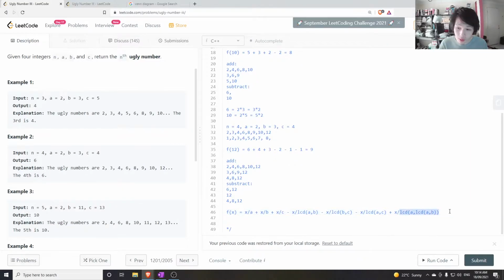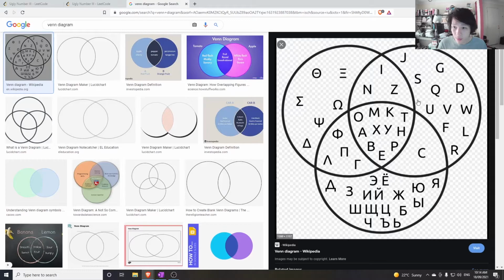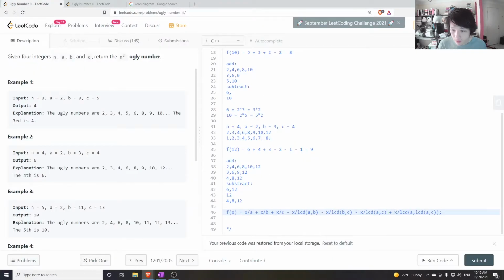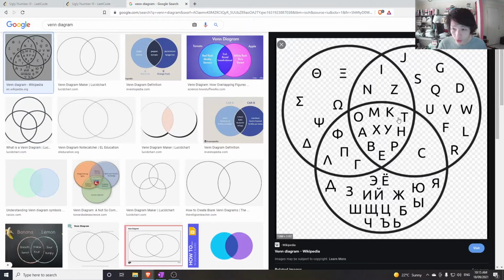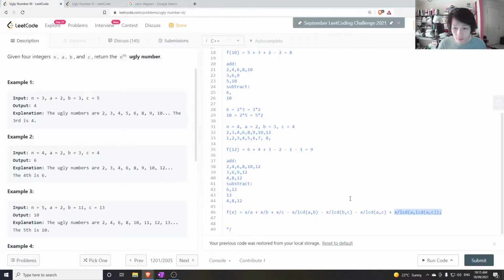So that's the formula. You see these parts represent the overlap, these 3 overlaps, and this one here represents the very middle, the one that gets overlapped 3 times. So add that back on. Alright, so that's the function.